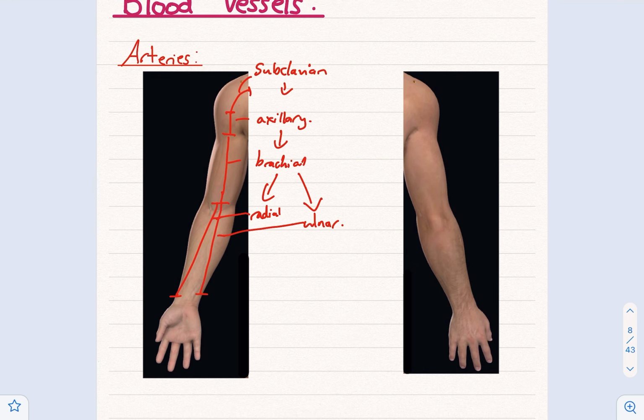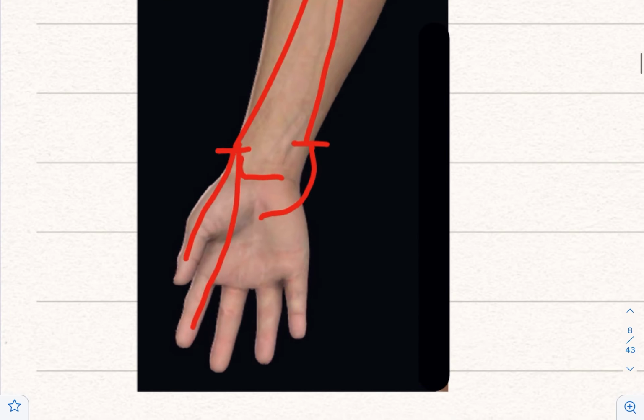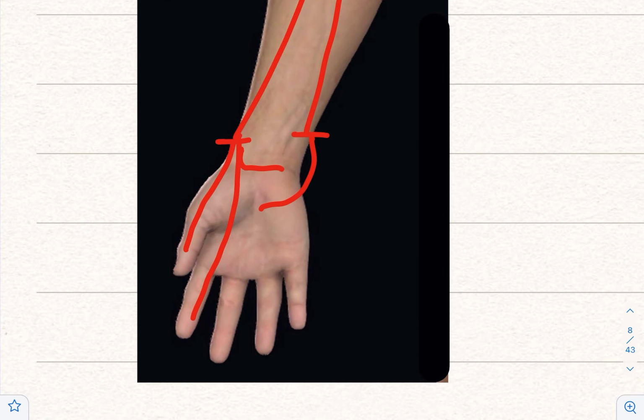So, after the radial and the ulnar arteries, I'm just going to draw some random lines again. Okay, just draw those three. So, if we zoom in, the Latin for thumb is pollicis.